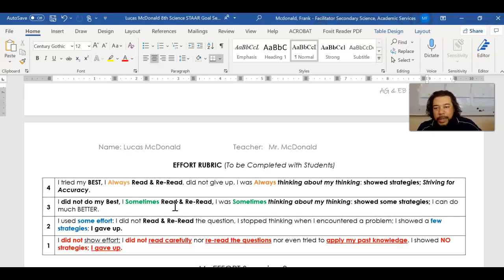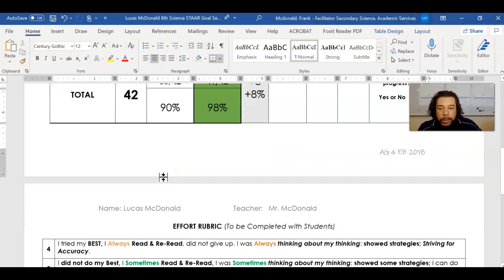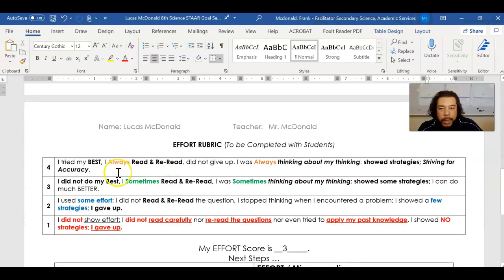If a kid put down a 4, but their score doesn't necessarily reflect it, it's a reminder that sometimes even with your effort, the results don't come out the way that you want them to come out. And it's not a time to give up. You just keep on trucking. You keep on working at it to get those results.